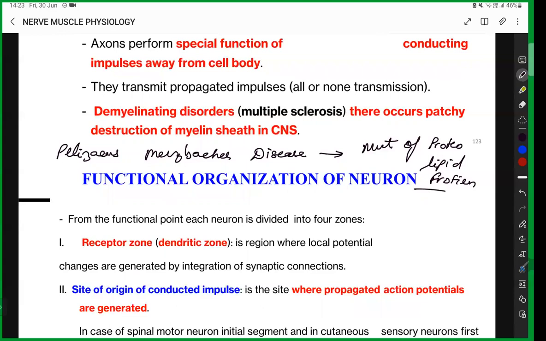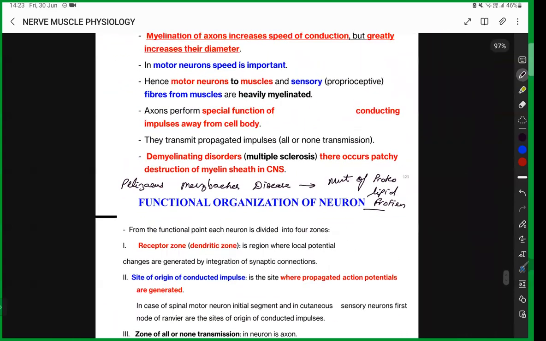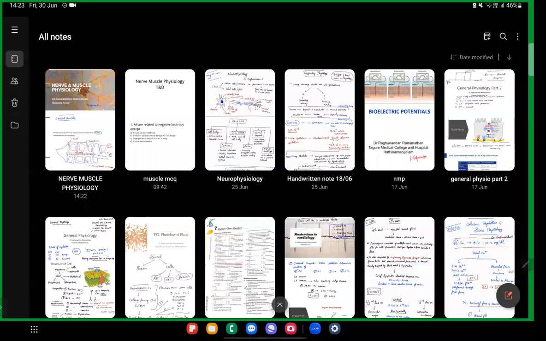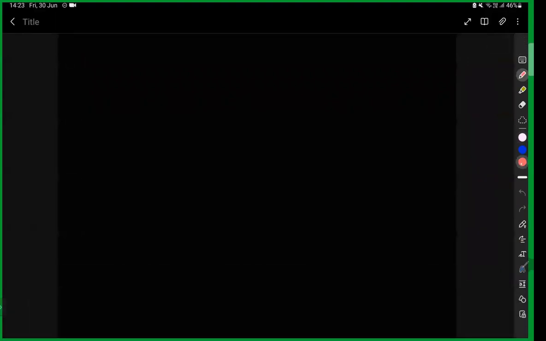Here, what I want you to remember is, in the central nervous system, you have three categories: myelin basic protein, myelin oligodendrocyte glycoprotein, and proteolipid protein.